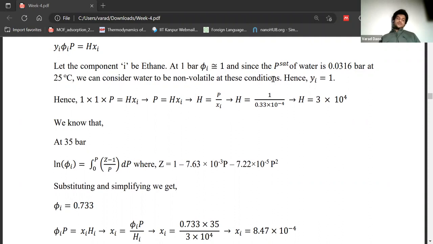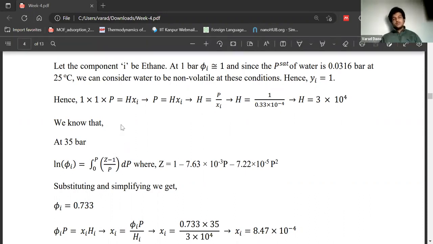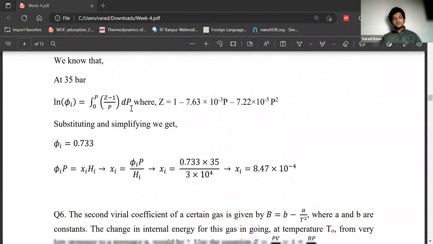And for those for whom everything is clear and would like to write the solution, I'll give you a couple of minutes to write as well. Nobody has any question. I don't see any questions in the chat box also. So I hope the solution is clear to everyone. I'll give you 2 minutes to write.